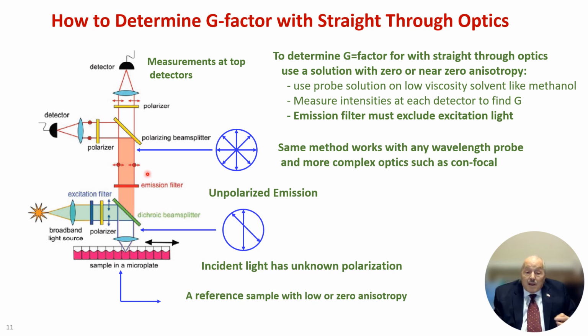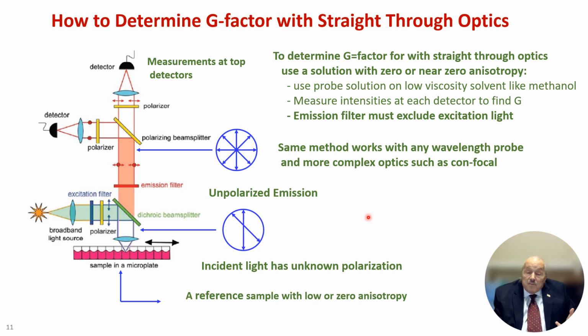So the very clever trick was to take a sample with a very low or zero anisotropy. And that's not hard to get. If you put rhodamine or fluorescein and just put in ethanol, the fluorescein is essentially close to zero, or darn close to zero.